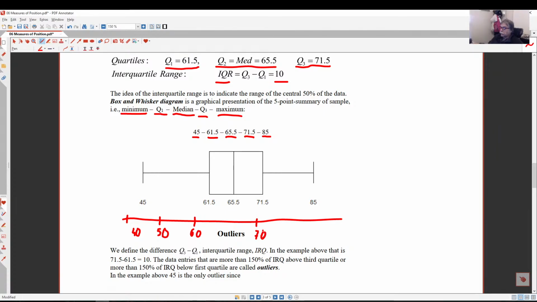Now, looking at this, I really should amend the scale. So my 50 and 40 should be much lower. Again, this is not to be done with the bare hand, the way I'm doing it right now. You should actually use a ruler for that, because the graph, the box plot, ought to be precise.